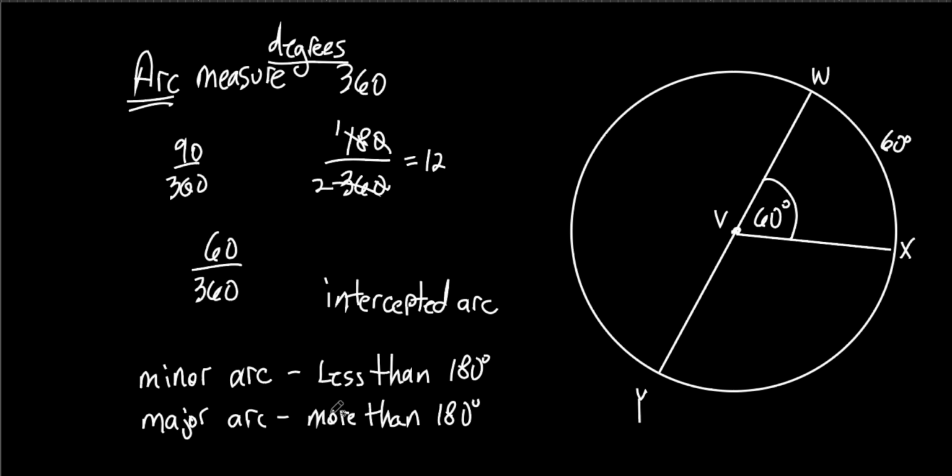Now we have something else. We have less than 180. We got more than 180. What are we missing? Equal to 180. So what if it's equal? It's an arc that's equal to 180. So for instance, from W all the way to Y would be 180 degrees. Agreed?